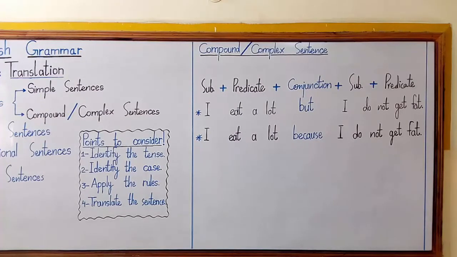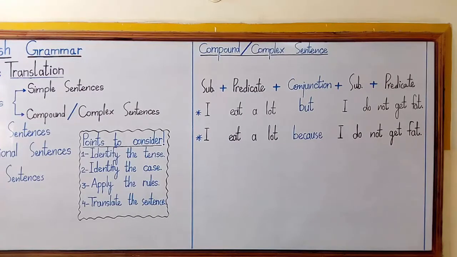When there are two simple sentences joined by a conjunction, it depends upon the conjunction to make that combination of two simple sentences either a compound sentence or a complex sentence. So it all depends upon the conjunction. If the conjunction is subordinating, then the sentence is complex. If the conjunction is coordinating, then the sentence is compound.